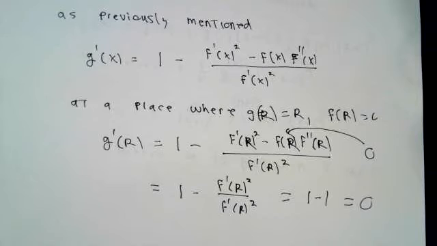So as we've seen before, Newton's method under these circumstances is excellent. g prime at the solution is as far from having absolute value 1 as you can manage and still be within the range of g prime values that will give a convergence.